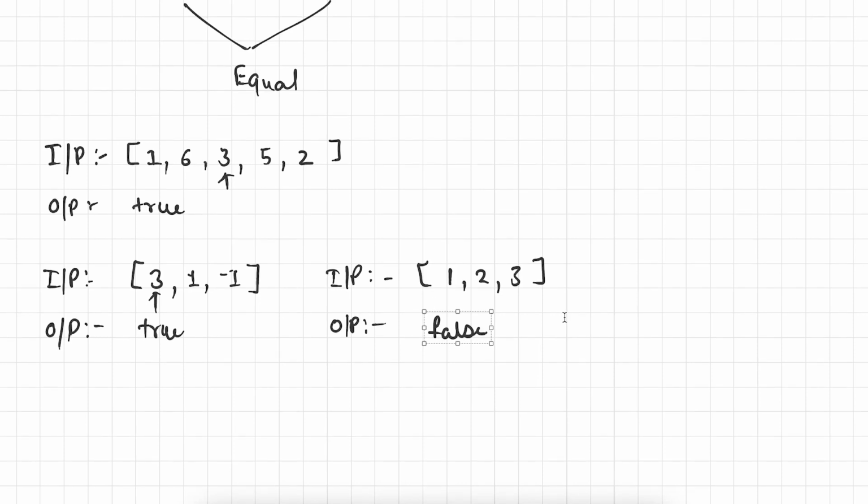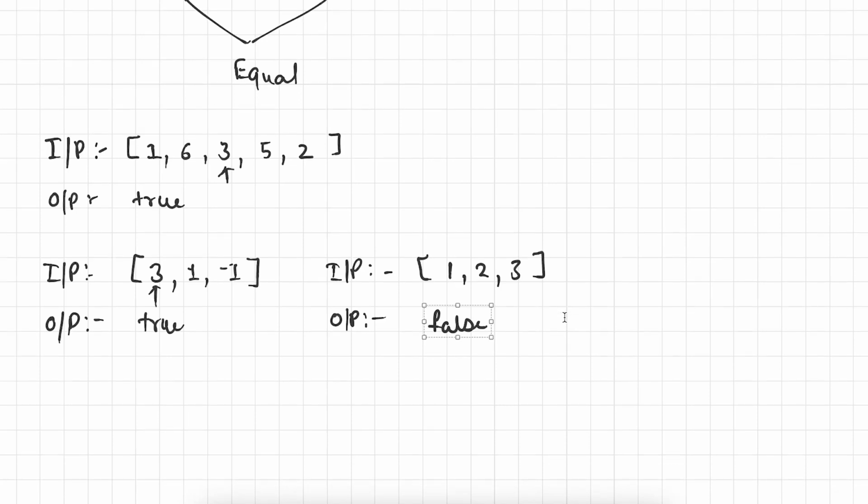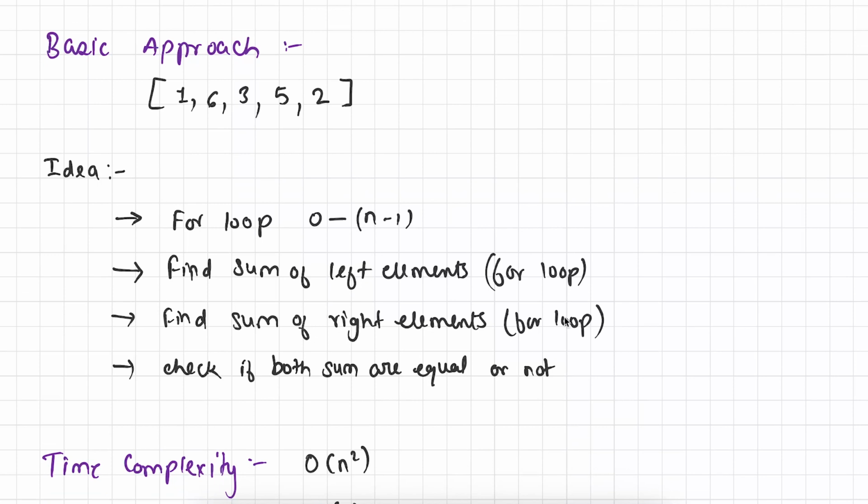So guys, now you have a good understanding of this problem and you also know what is meant by equilibrium point. So how are we going to solve this problem? Here is the first and the basic approach. In this approach, we run a loop from 0 to n-1, and the reason is simple, to pick one element at a time.